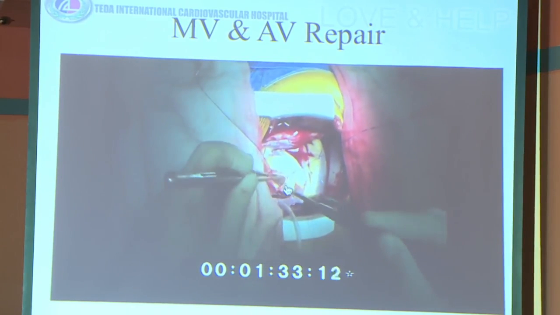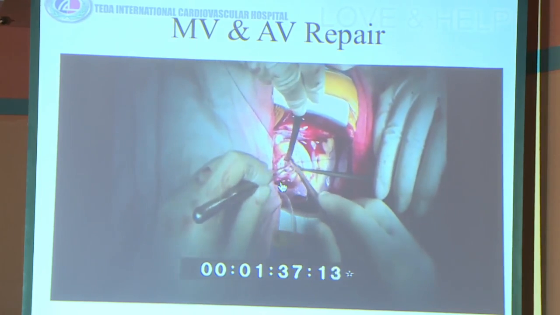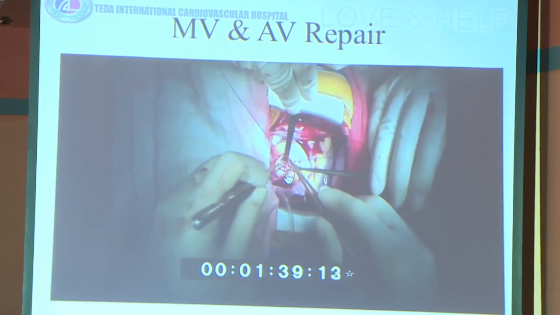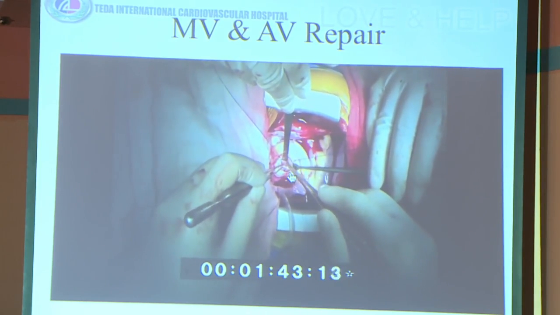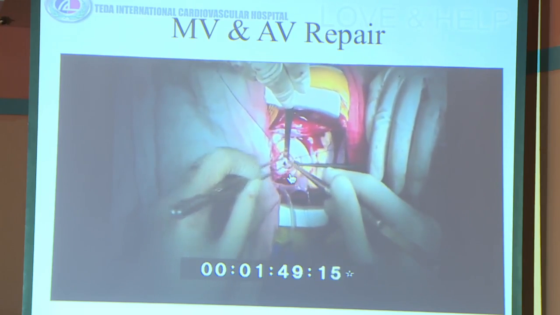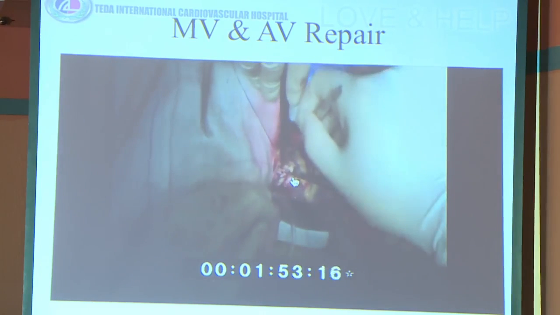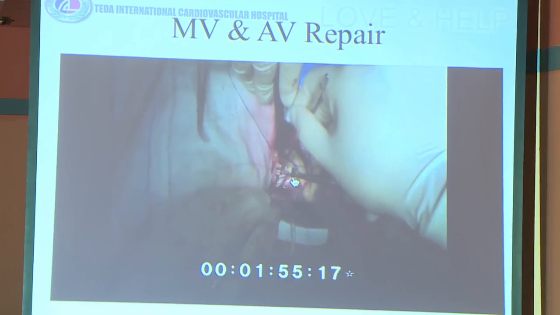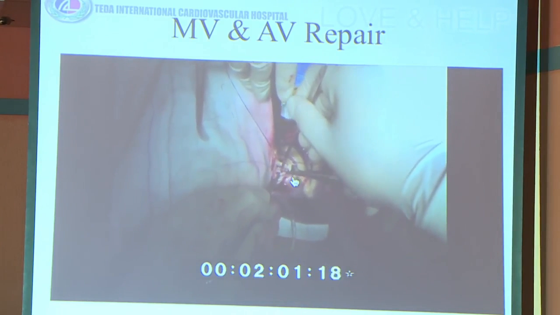Now this is an aortic valve repair. Again, this cusp is thickened and shrunken. I first try plication of the prolapsed aortic valve, and I need to thin the thickened cusps to make them more mobile.